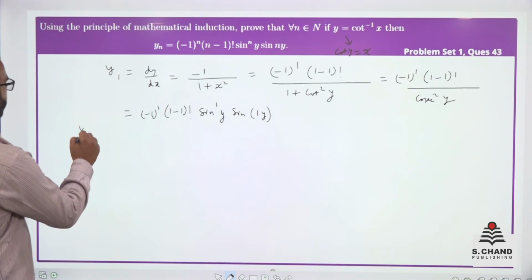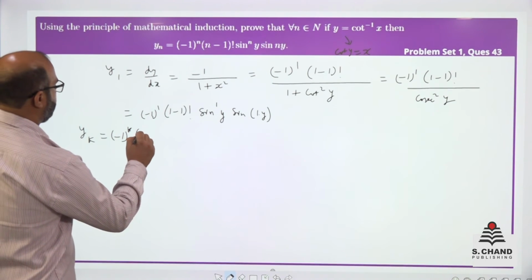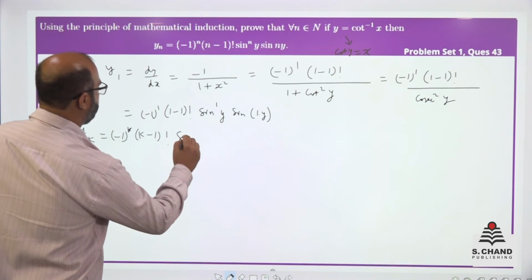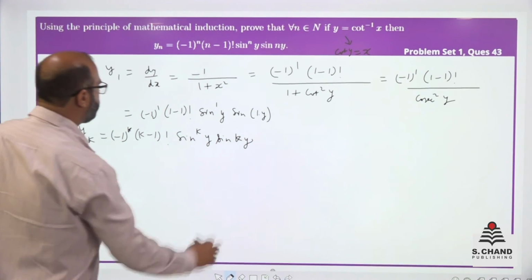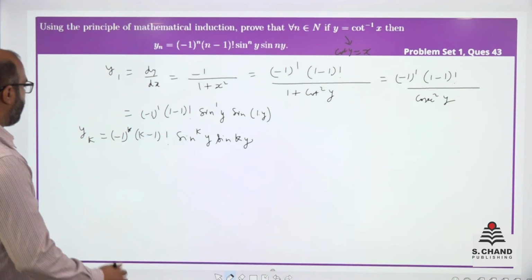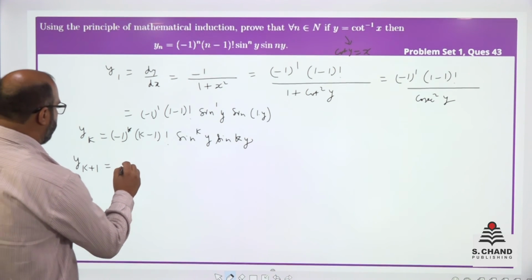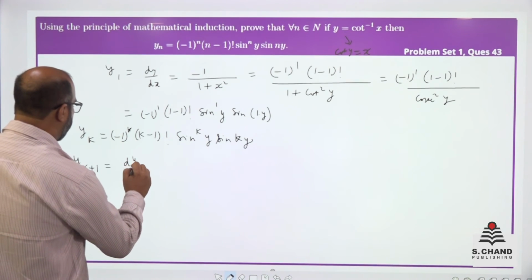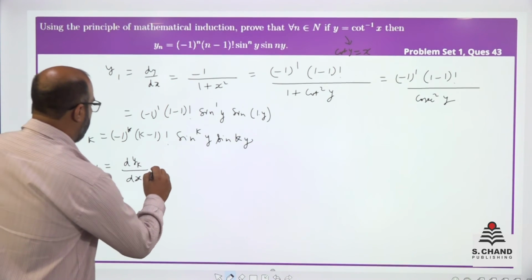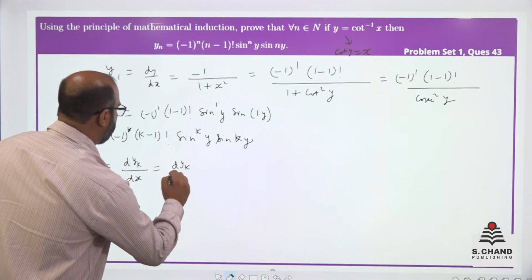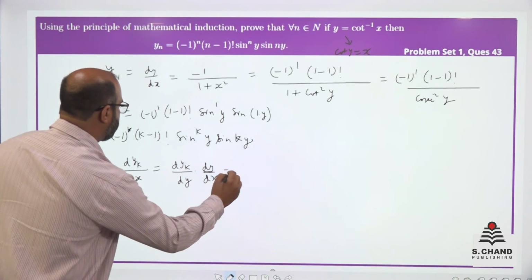So let us suppose for the kth derivative it is true: y_k equals (−1)^k (k−1)! sin^k y sin ky. Now in the next step, y_{k+1} is actually the derivative of y_k with respect to x, and this is dy_k/dy into dy/dx.